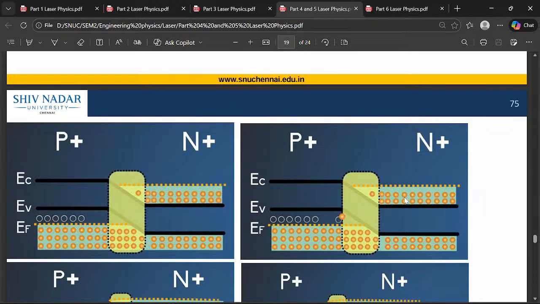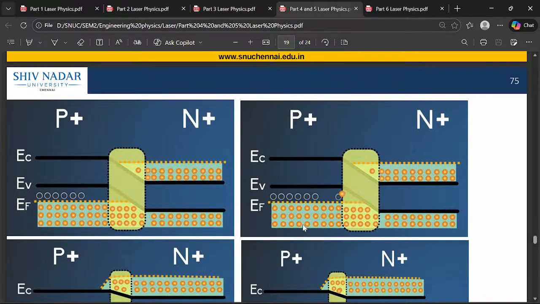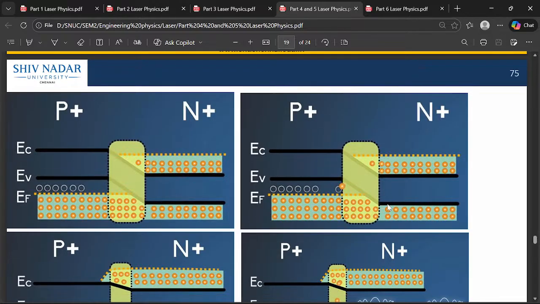From the N side to the P side, the holes and electrons combine and release a photon. So when the depletion region is reduced, the population inversion automatically happens.